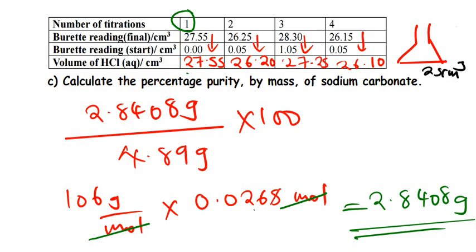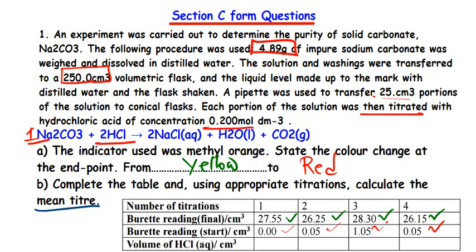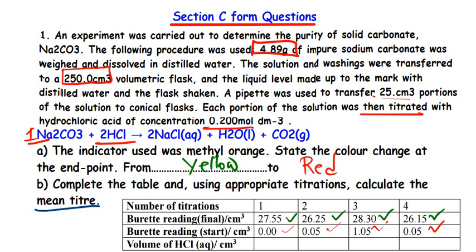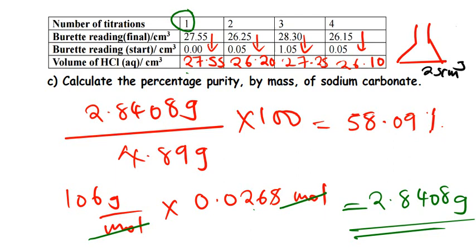That value divided by 4.89 times 100, sorry, that's going to give us 58.09%. And if I go back to the values that were given, I think the least number of significant figures was 25, so this can just be 58%.